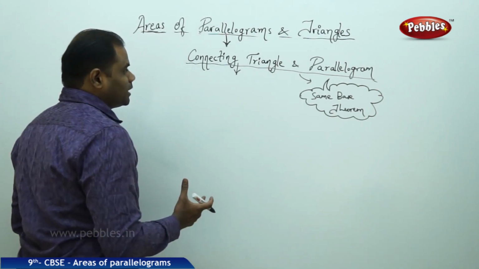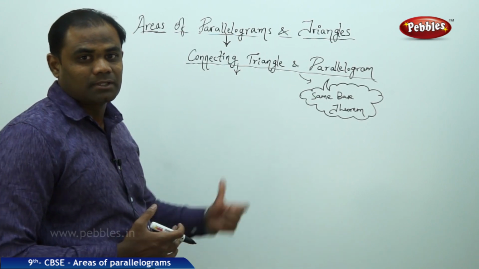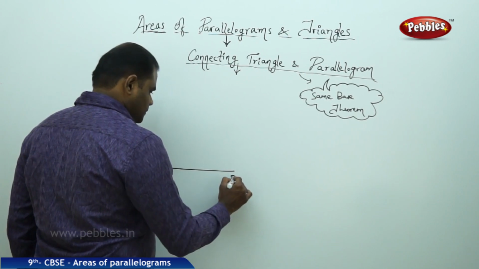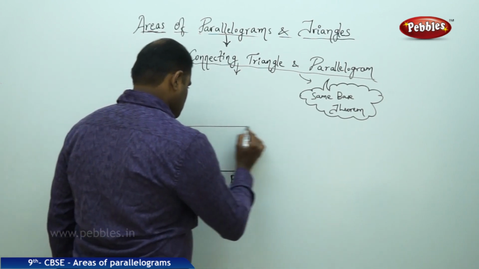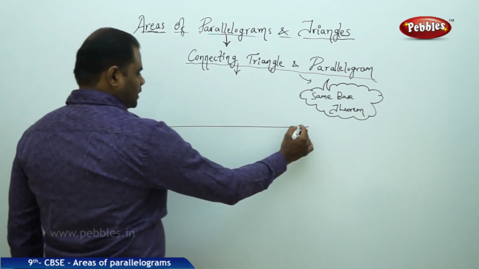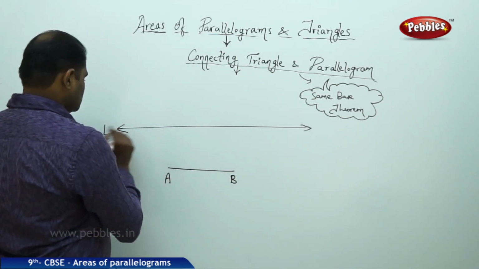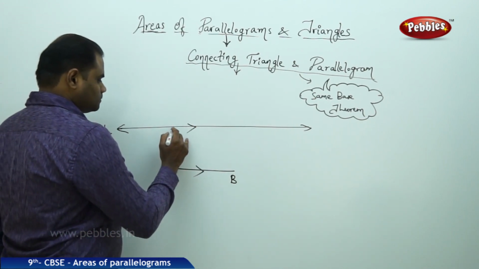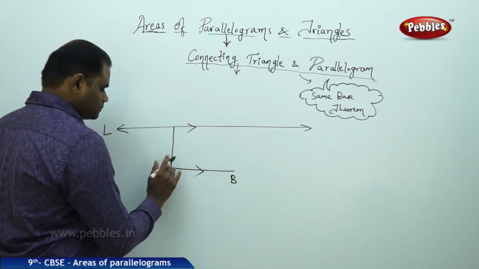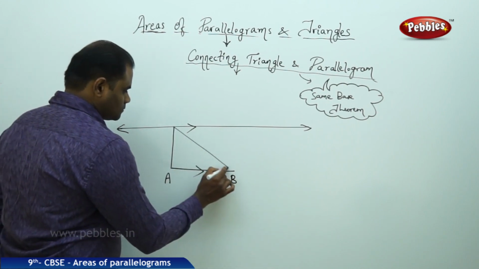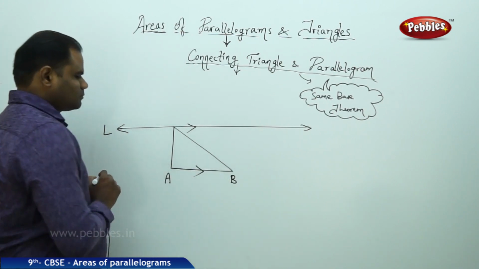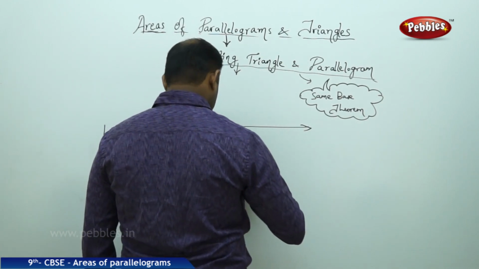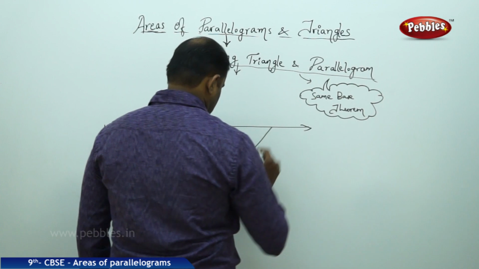So a triangle and parallelogram on the same base and between the same parallels is understood as the common base AB and the parallel line L which is parallel to this. And say I have a triangle out here, and next I have a parallelogram out here.